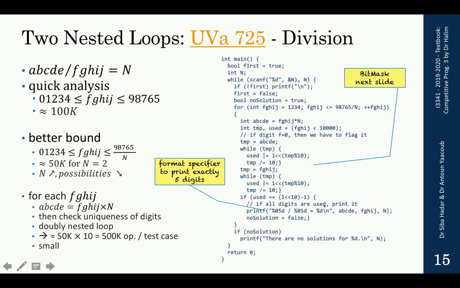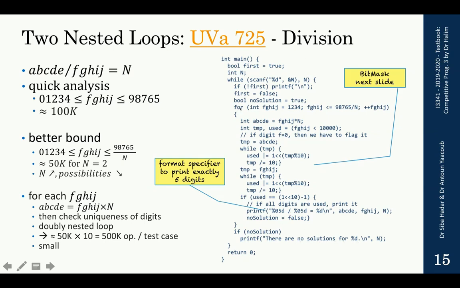And here is our solved problem, the division problem. So as we already said, we have to read the n, and if it is not the first line, I have to print \n. This is C code, of course. And then I have to use a boolean, because if there is no solution, I have to print a special sentence: there are no solutions for this n number.